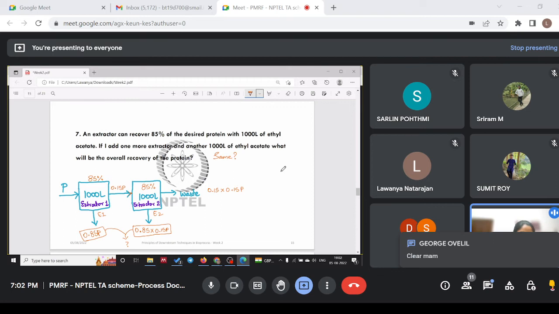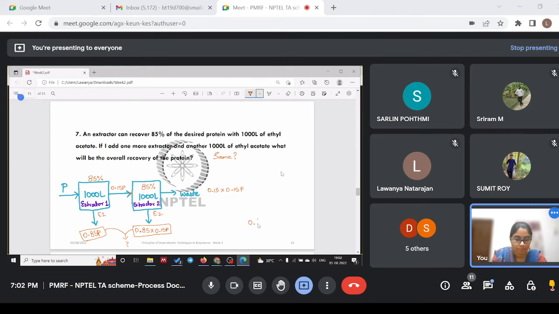Was clear. Great, George. So if you calculate this, what is it going to be? I'm going to use my calculator. 0.85 into 0.15 is 0.1275 P from second extractor. And from first extractor, we know that it is 0.85. So add both. You're getting 0.9775 P as the total recovery.